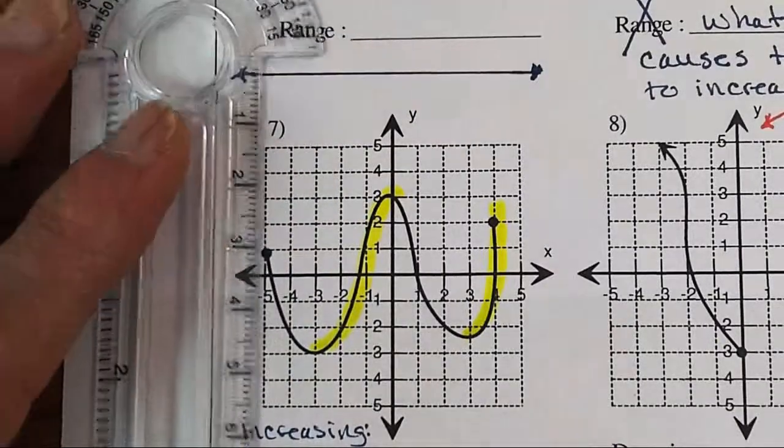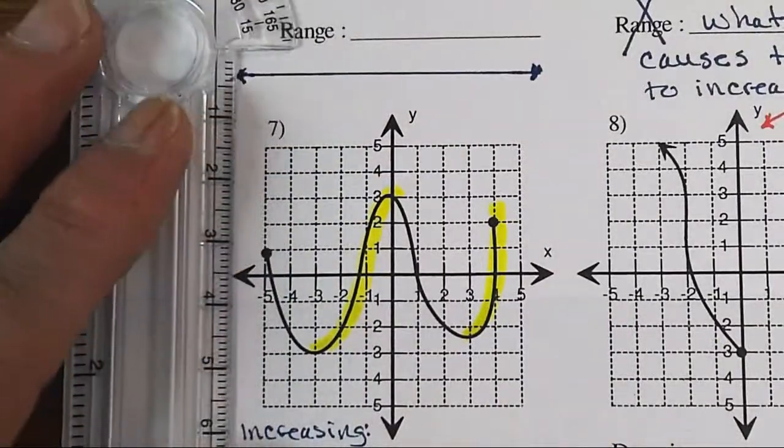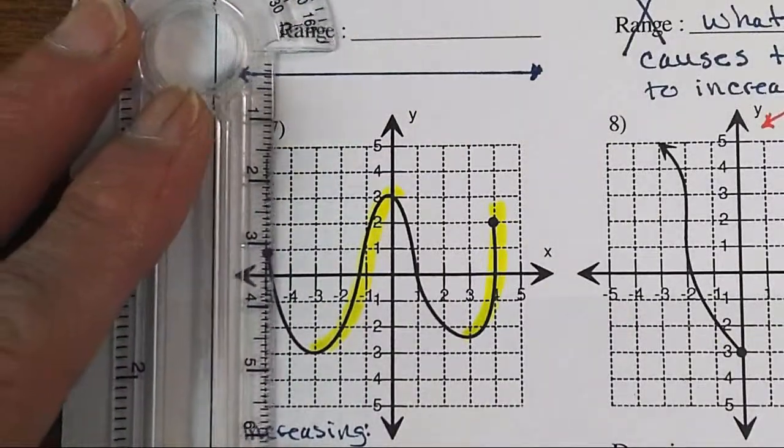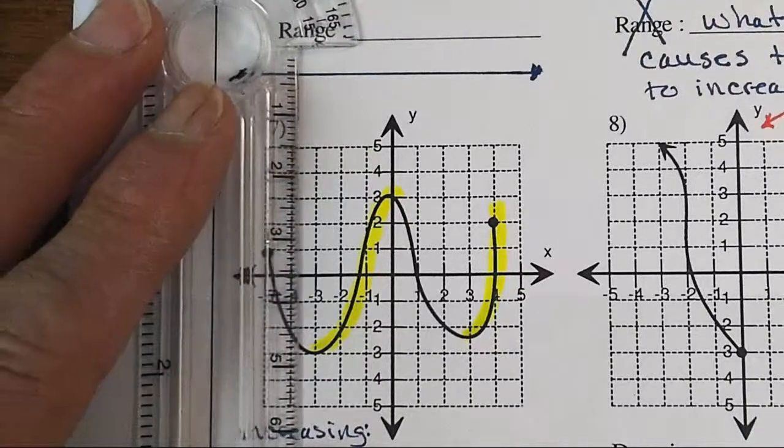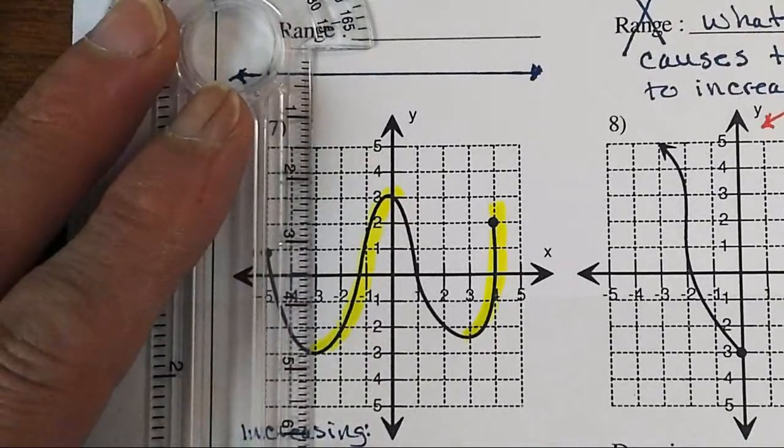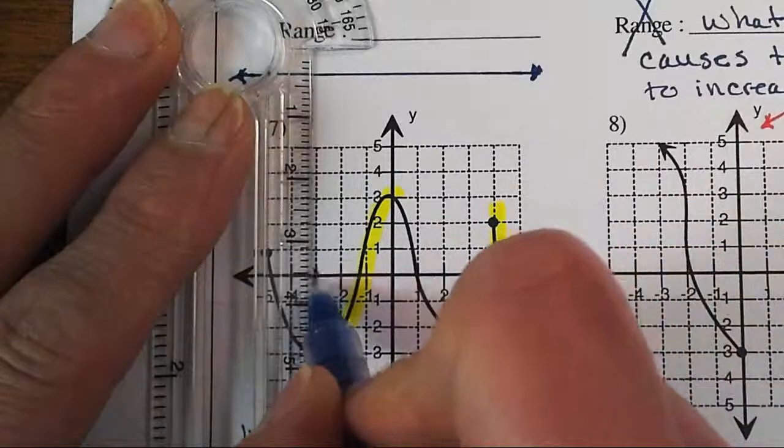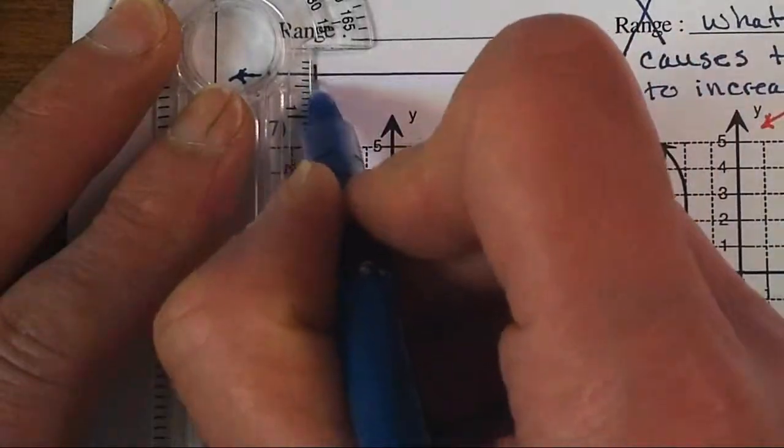As I'm holding my ruler, I'm going from left to right. I have to look at my x values because that's what I'm concerned about. It starts right here at -3, so I'm going to put a mark right here at -3.